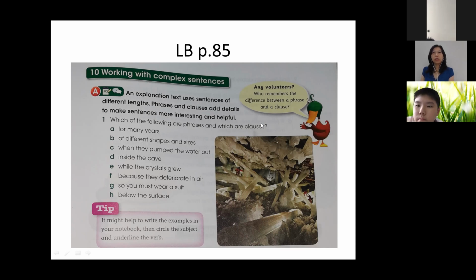Now, children. Miss, can you let Keith in? He's not in. Okay, children. Do you know the difference between phrase and clause? Tell me, do you remember the difference? Or what are phrases and what are clauses?